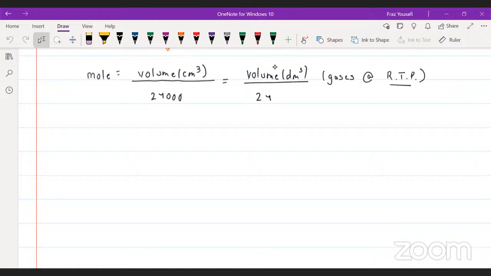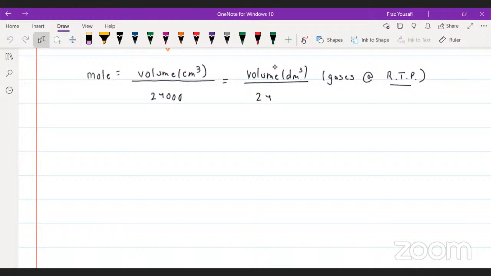One. All right, so gases at room temperature and pressure, either one of those.